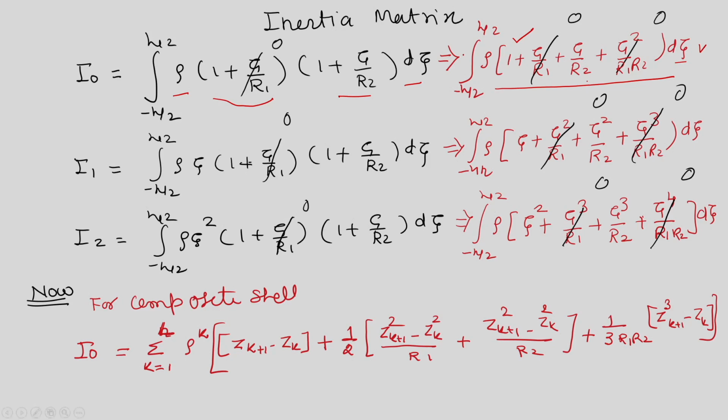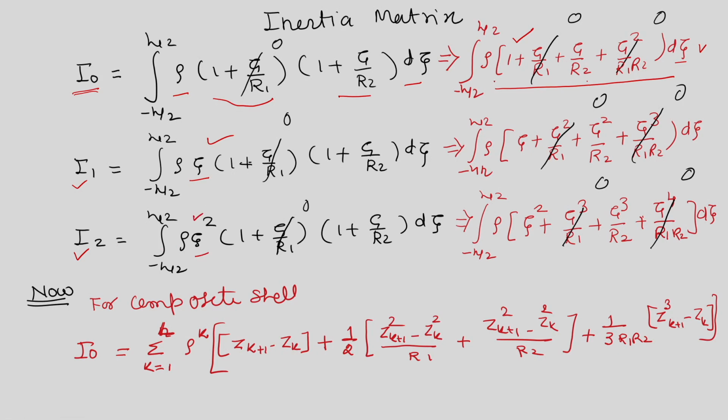This contribution will be taken care of by I0, and similarly the I1 and I2 contributions are written. In the I1 contribution, zeta appears; in the I2 contribution, zeta square.